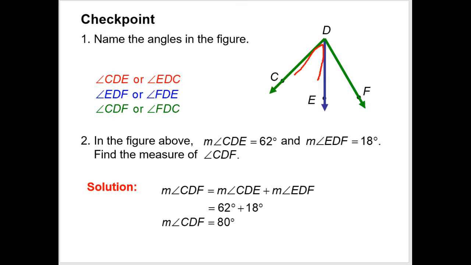CDE, EDF, that's crooked, is equal to the big one, which is CDF. So they're saying if CDE is 62, I need to get better at this. Okay, CDE, 62 degrees. EDF is 18.